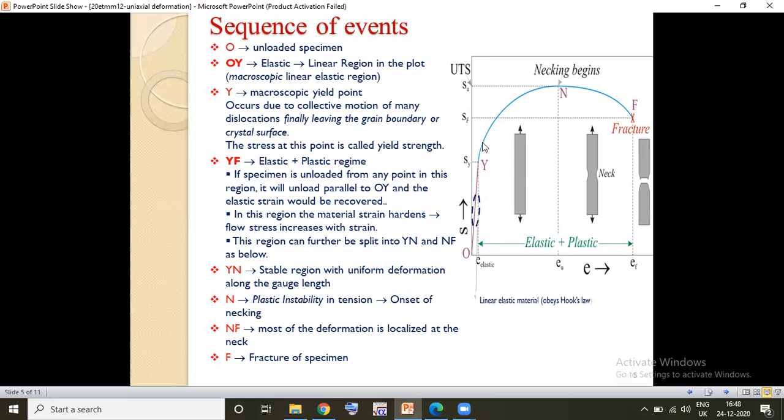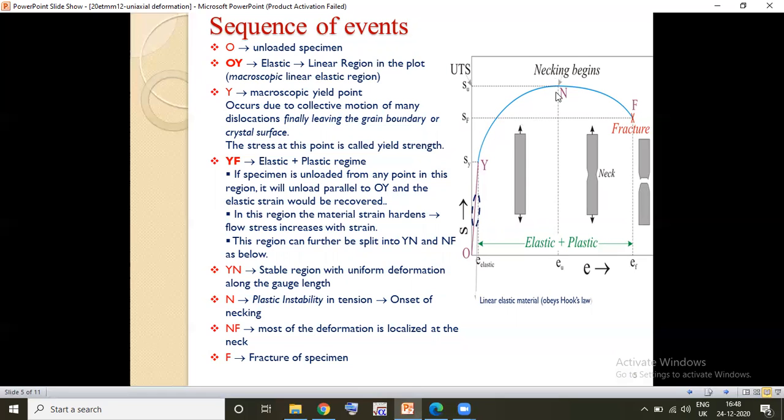Beyond this point, the stress is increased because to cause these dislocations to move further, which are at the surface, we need some additional force. This additional force is causing the dislocation to move further and form a free surface. So there's an increase in the stress value.